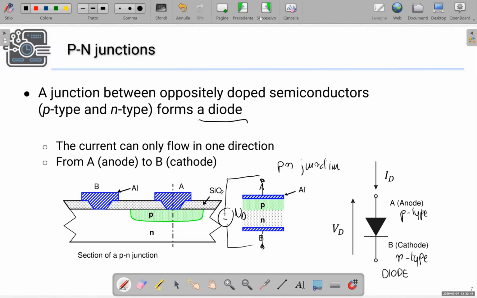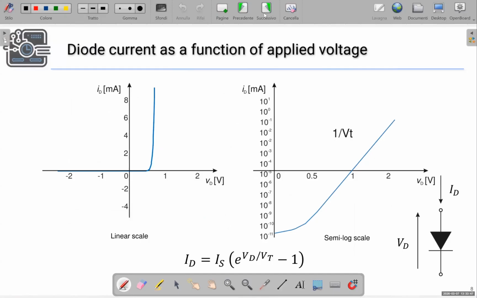What can be observed is that, due to the different nature of the electron and hole current, when we apply to this structure a voltage that is positive on the P side of the junction and negative on the N side, if it exceeds a voltage of about 0.6, 0.7 volt, we have conduction, a strong current flowing through the junction that increases exponentially with the applied voltage VD.